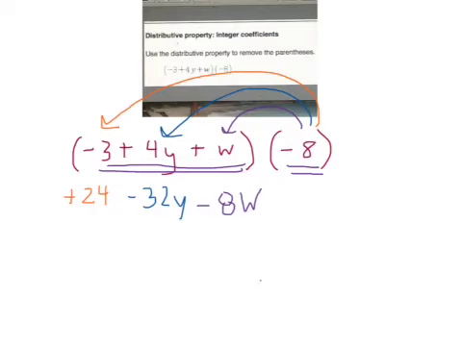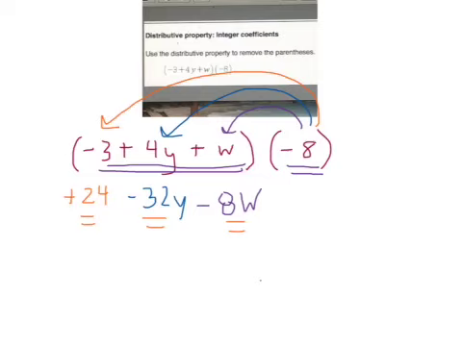At this point, the problem is in fact done. If I look at these three terms, positive 24 minus 32y minus 8w, I can't clean any of that up or simplify it. So this problem is finished, and I can leave it like that. If I want, I can rearrange the order.